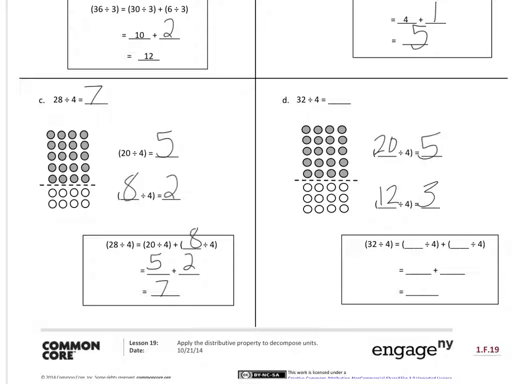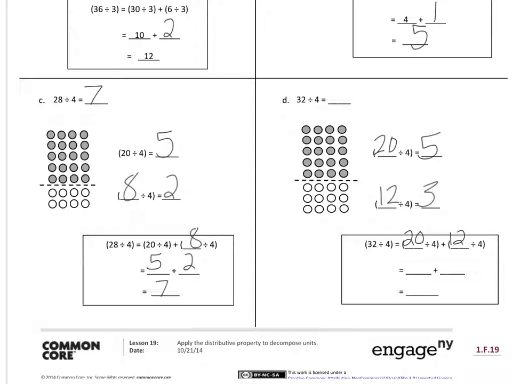Let's fill in the blanks below. 32 divided by 4 equals blank divided by 4 plus blank divided by 4. Well, I know I'm going to use my numbers that I wrote up here to fill in my numbers down here. I had 20 divided by 4 up here and 12 divided by 4 here. So I'm going to write my 20 and my 12.